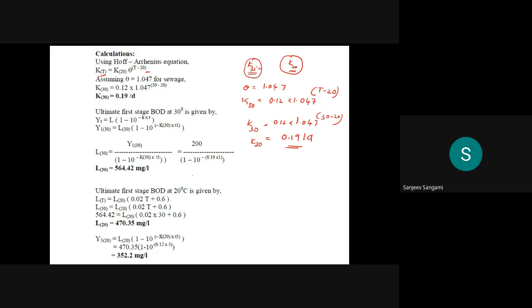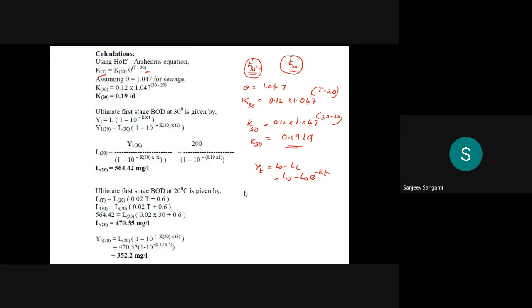So then the first stage BOD, that is Yt, is given by the formula Yt is equal to L0 minus Lt. Then Lt is equal to L0 e to the power minus kt.